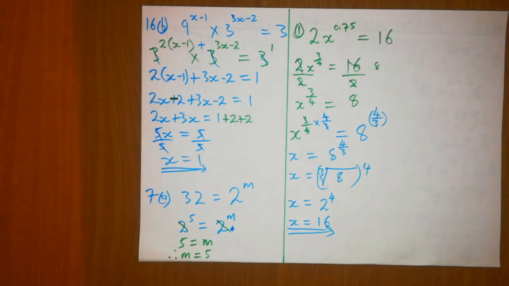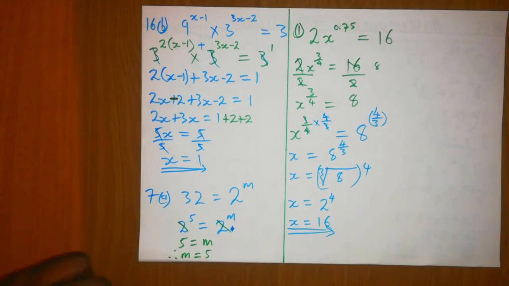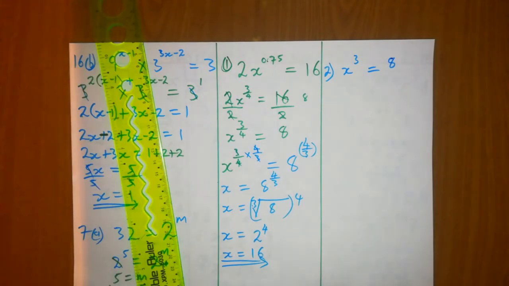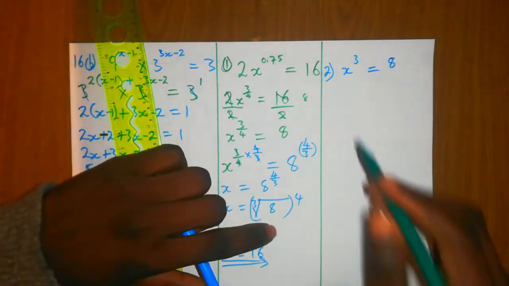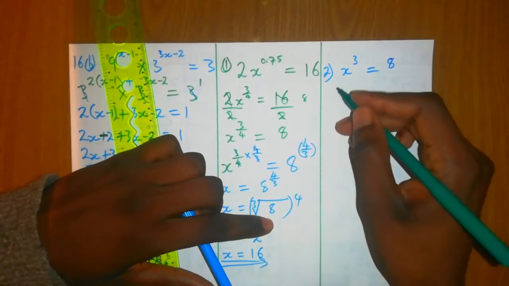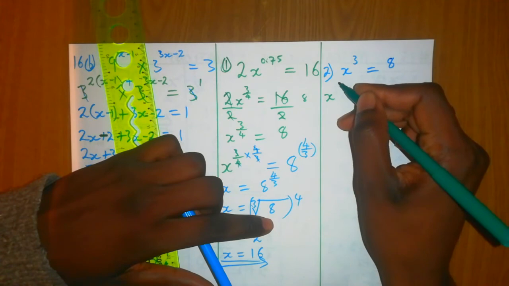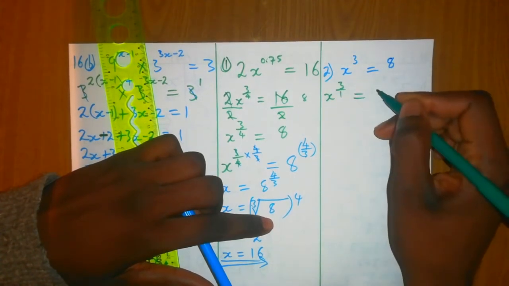You might find some questions that require you to determine the base. Let me give you an example of such a question. There's the question: x to the power of 3 is equal to 8. In this case, I'm supposed to deal with this question like this: x to the power of 3/1 is equal to 8.